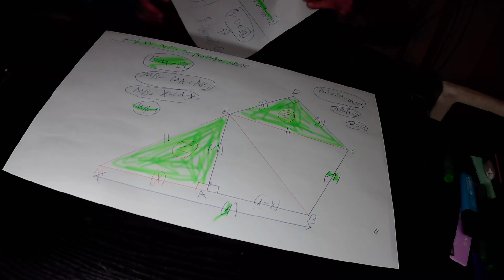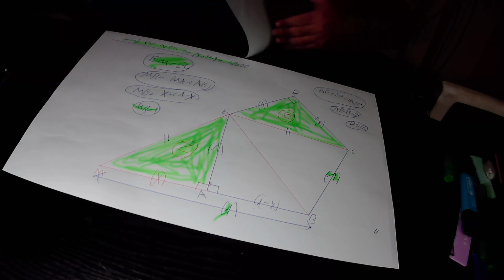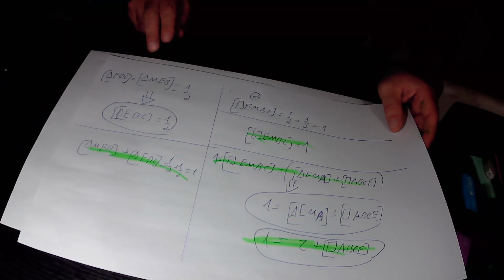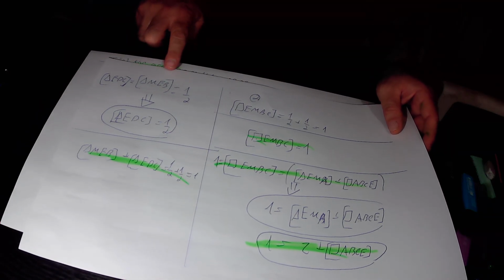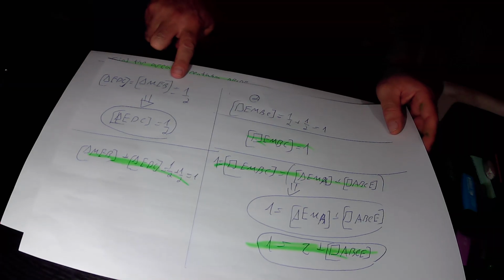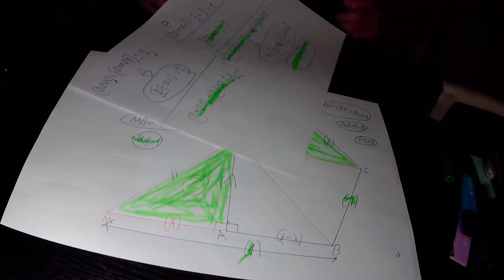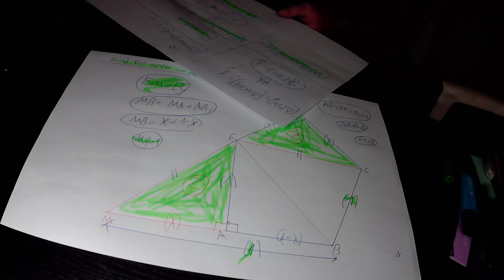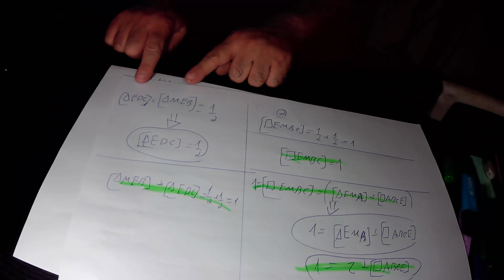In the end, we found out that the area of triangle MEB equals 1/2 square unit in size. But we already found out that the area of triangle EBC is equal to the area of triangle MEB because they can join to each other, therefore they also have the same areas.